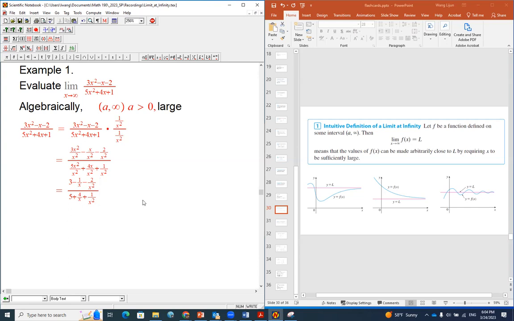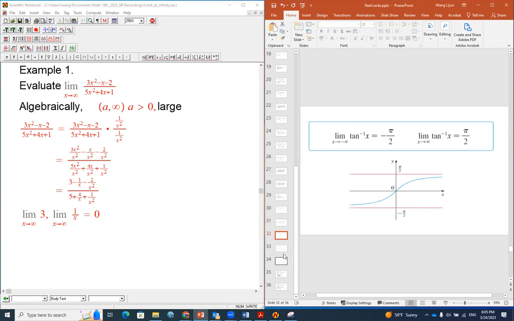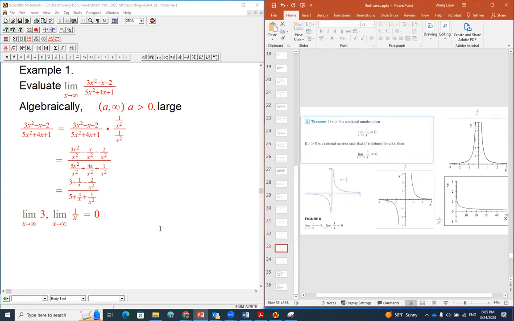And this way, we can look at the individual limits. The limit of 3 is 3. The limit of 1 over x is 0; we learned that moments ago, so we're applying this theorem.